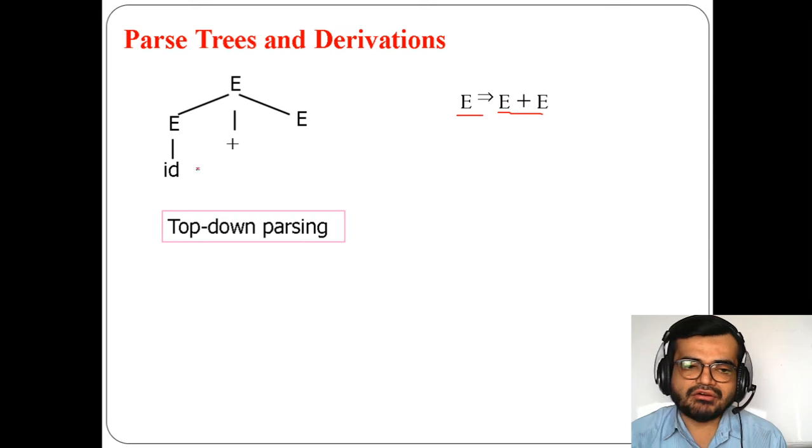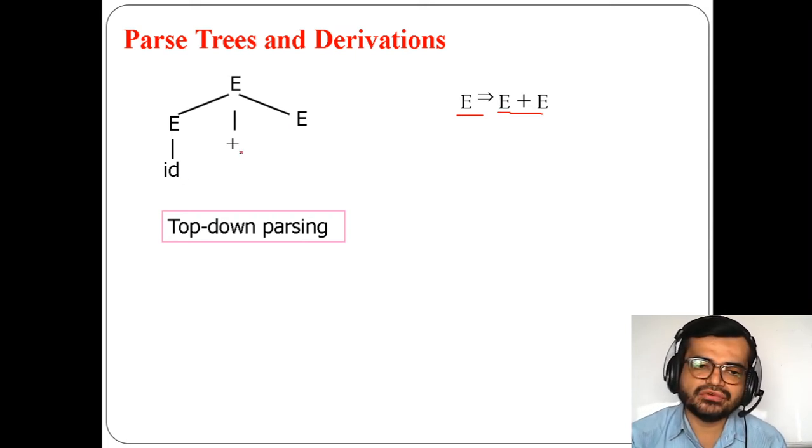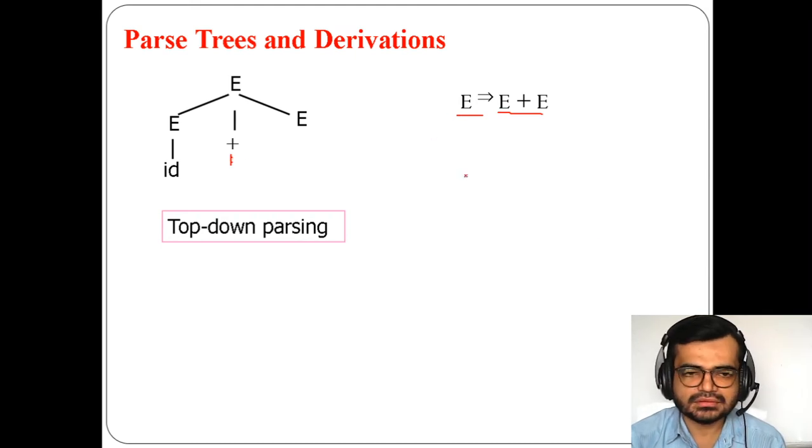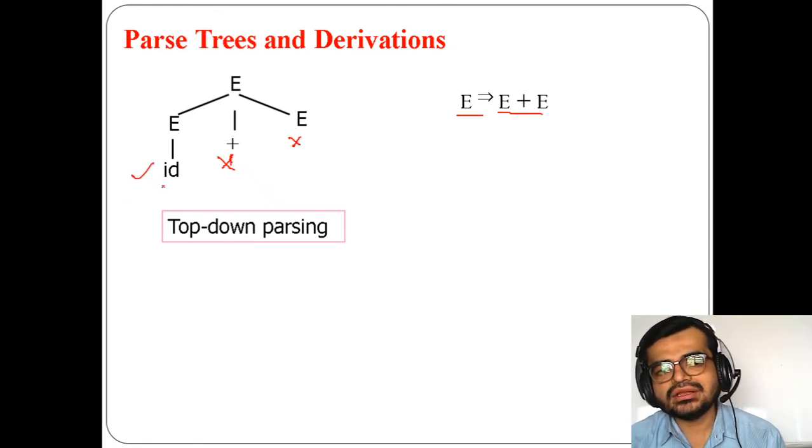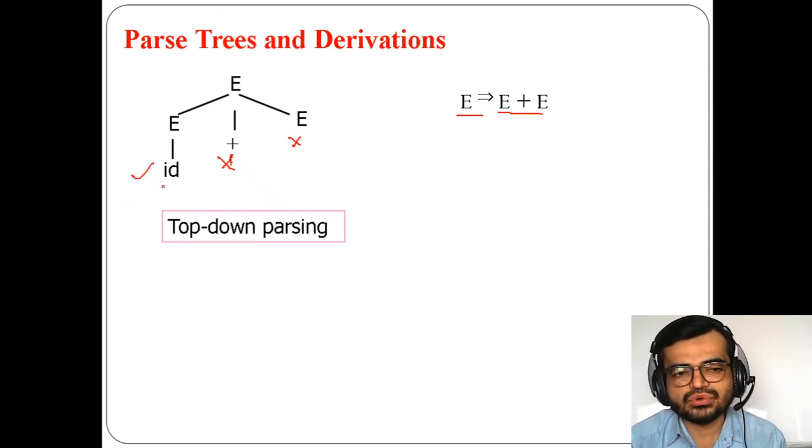Now one thing you can observe here, I'm not going to this side, I'm going to this side. That means I'm going towards the left side. That means leftmost derivation of the tree will be performed in top down parsing.